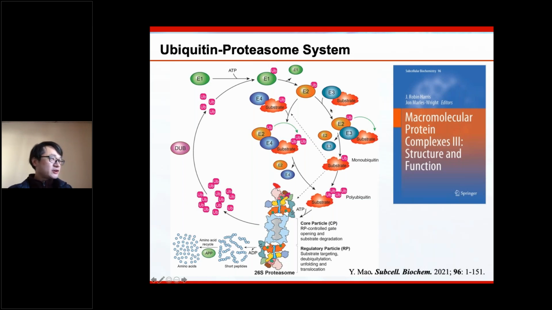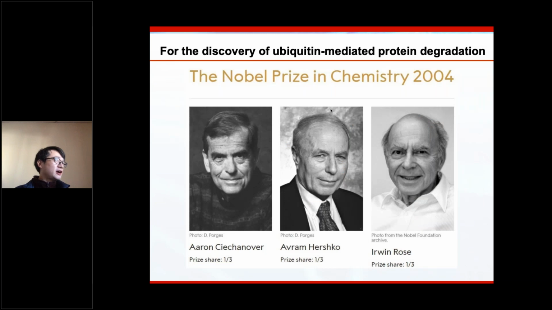So there's whole lots of studies around E1, E2, and E3, and in fact, the discovery of the ubiquitination pathway centered around E1, E2, and E3 enzymes was recognized by the Nobel Prize in Chemistry of 2004 to 3 scientists.